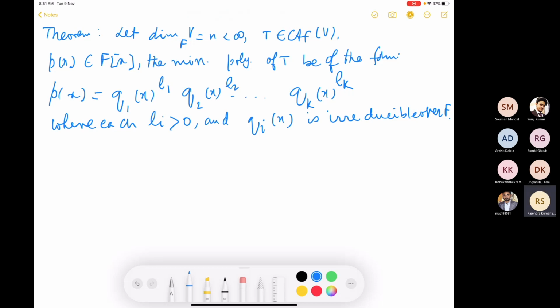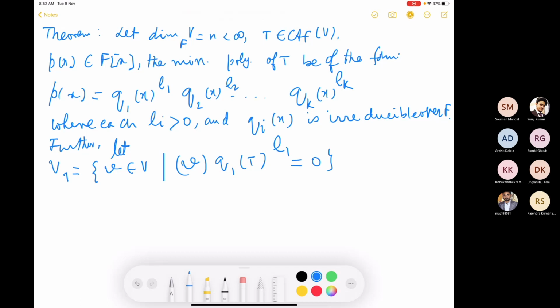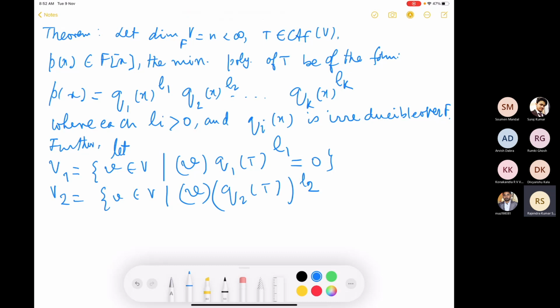All right, further let us take V1, for example, to be the set of all vectors v in V such that v under Q1(T) power L1 is 0, and V2 will be all vectors v in V such that v under Q2(T) power L2 is 0, and so on.